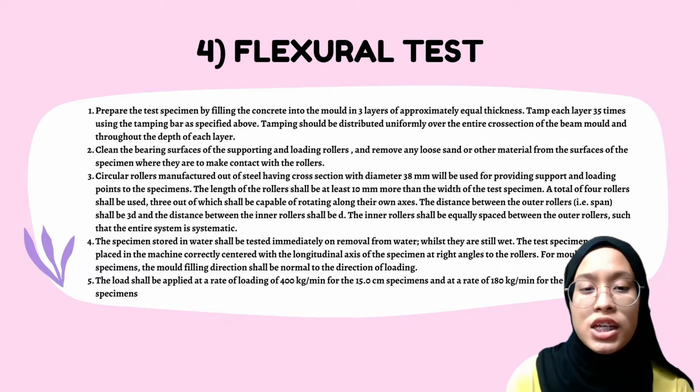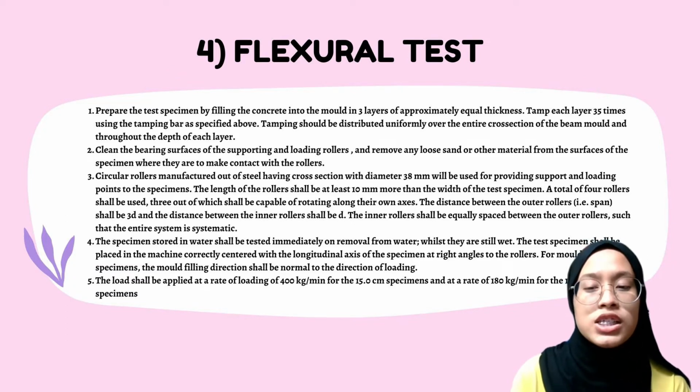And then the length of the roller should be at least 10 mm more than the width of the test specimen. The distance between the outer rollers should be 3D and the distance between the inner rollers should be D. And then the specimen stored in water should be tested immediately after being removed from the water.